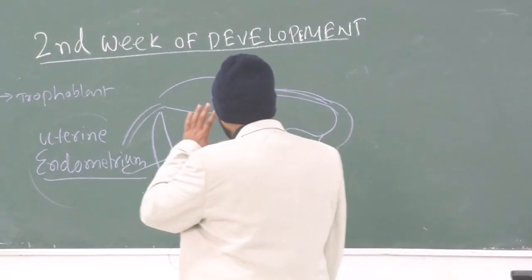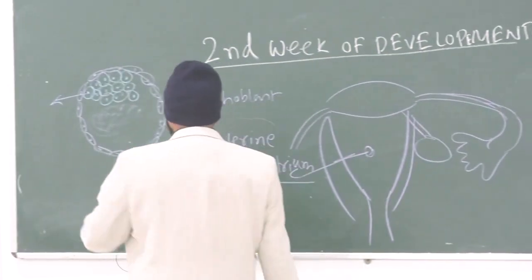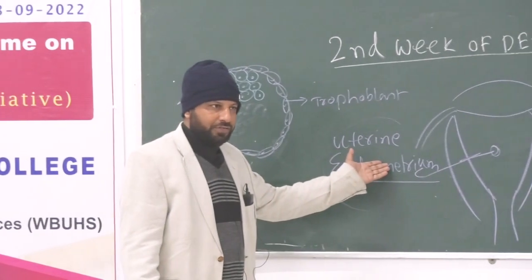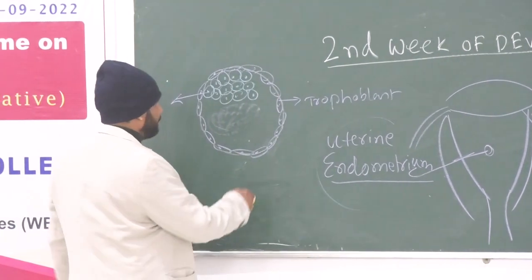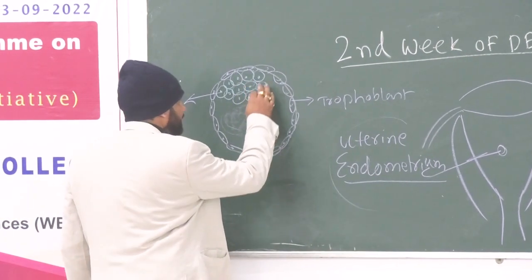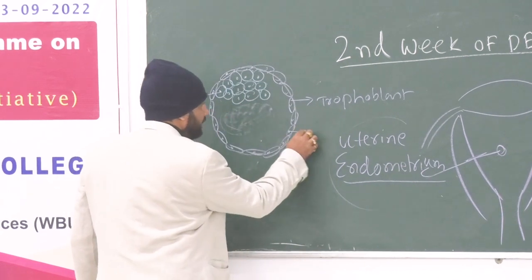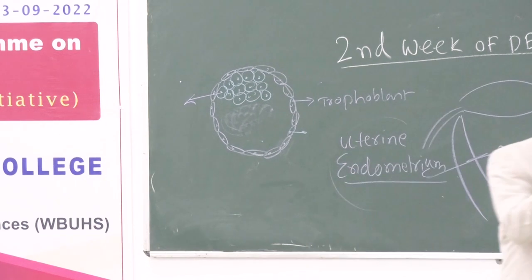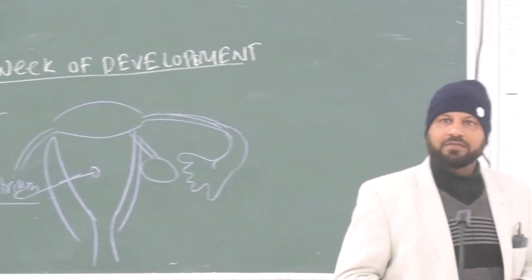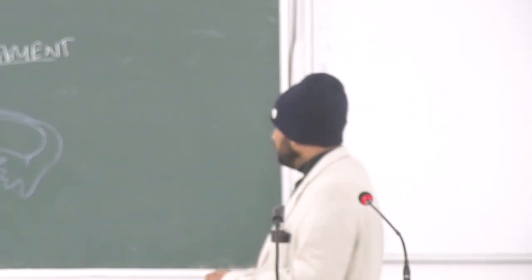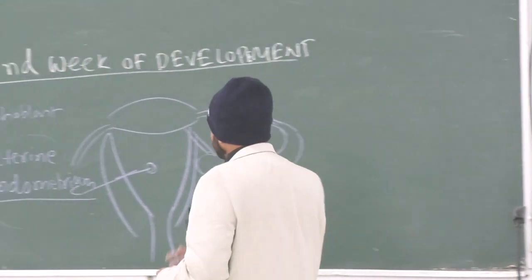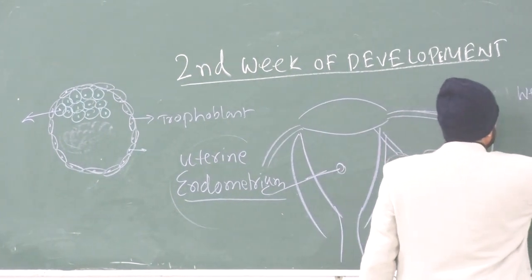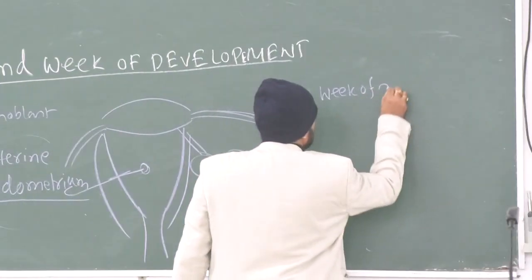But in the second week of development, the inner cell mass of the blastocyst and the trophoblast change. Further development occurs. So we call it the second week of development, week 2.